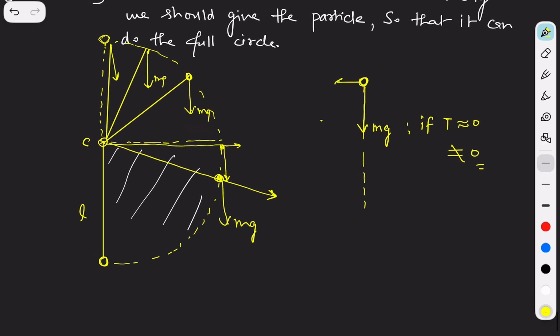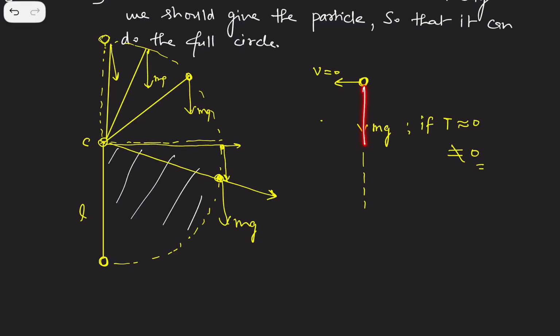Due to mg, the body will fall down. Otherwise you would need some force in this direction to balance these two things. But because mg is acting in this direction, there is no way to balance this out with the centripetal condition.